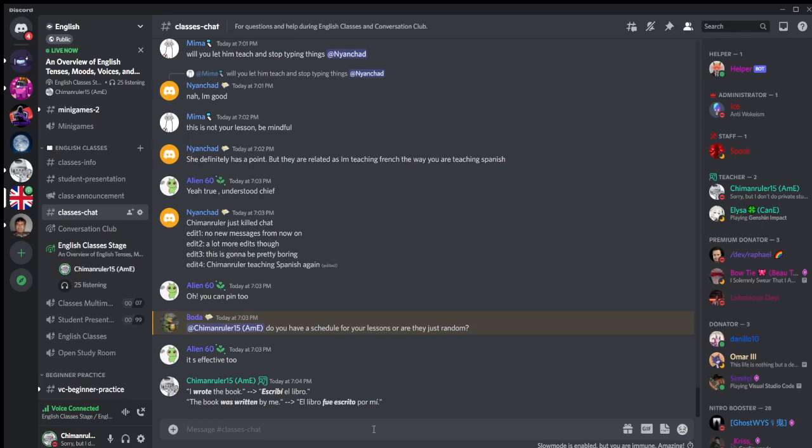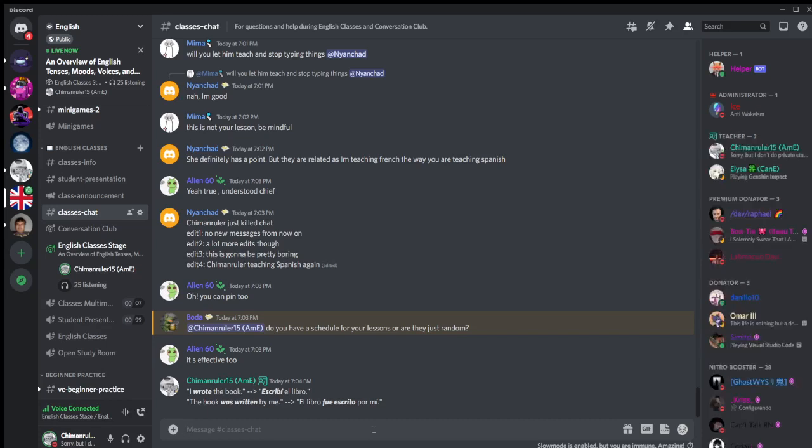And in Spanish you would say, el libro fue escrito por mí. So it works the exact same way here. Although, again, in Spanish there are other ways to express passive voice constructions, but this is just one of them. If you want a more literal translation, this is how you would do it. So that's the difference between the two languages.